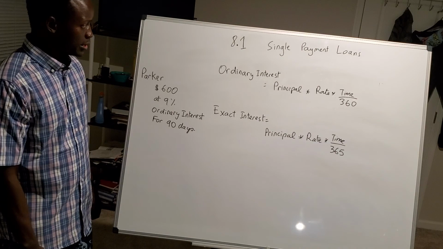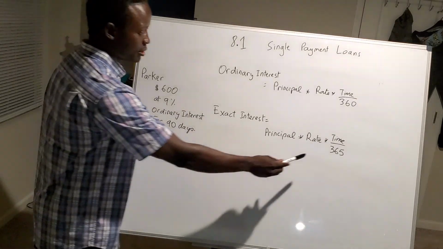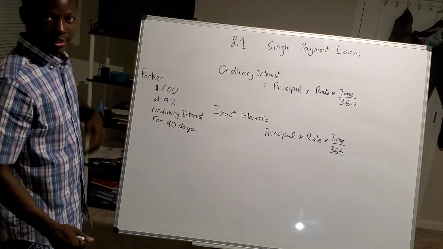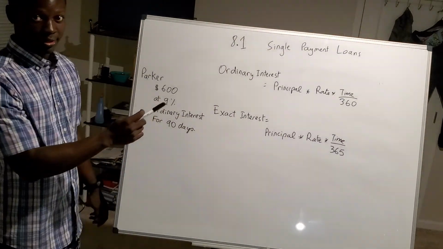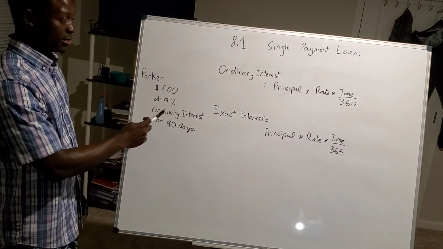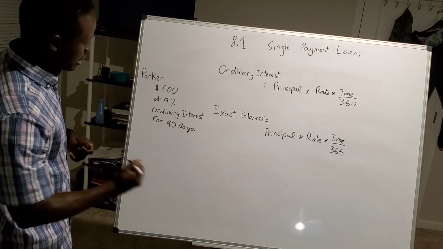All right, so in this case, the only difference between ordinary interest and exact interest is what you're dividing it by. So in this case, Parker is borrowing $600 at 9% ordinary interest for 90 days. Okay, so let's do that.